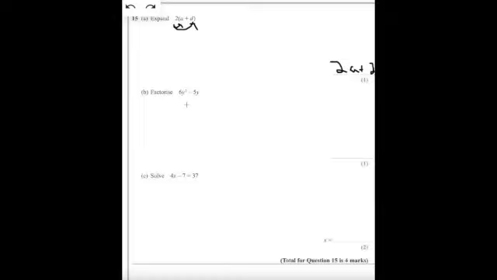The next one is factorise 6y squared minus 5y. This sort of question, you see no numbers can be factorised on the outside, so you can bring the y on the outside. So you do y times what equals 6y squared, which is 6y, and then y times what equals minus 5y, that's minus 5.